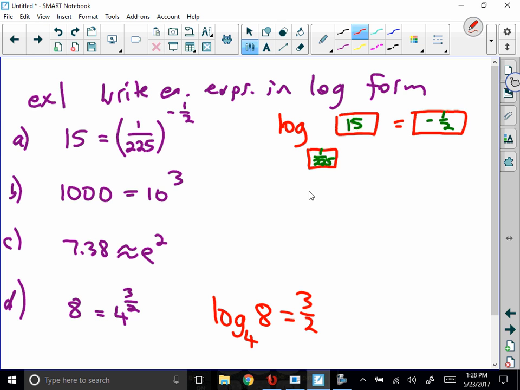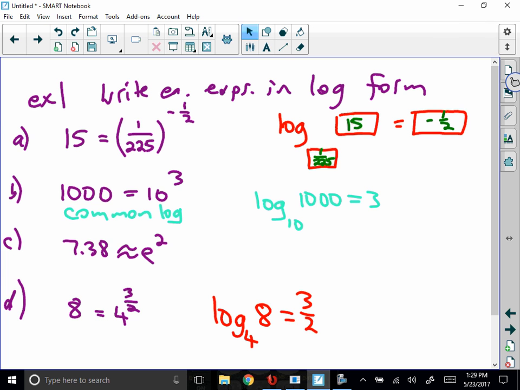Now, I have a feeling that number B, you might have the right idea, but you're going to write it wrong. You're going to do too much work. Number B is a very special type of log. It is called the common log. So what's our base in this? 10. So you might be inclined to say log base 10 of 1,000 equals 3.